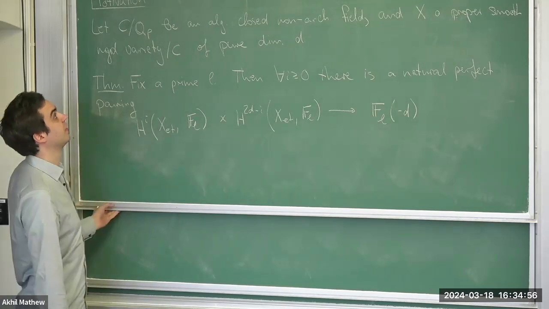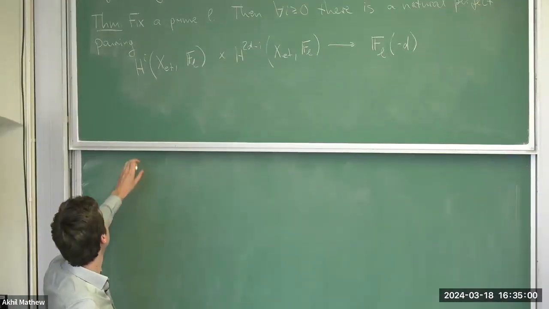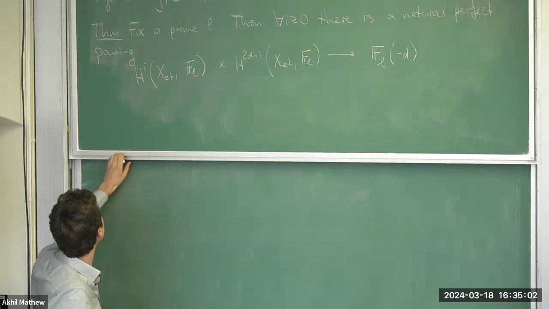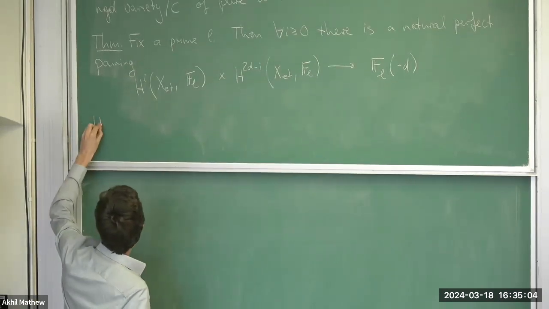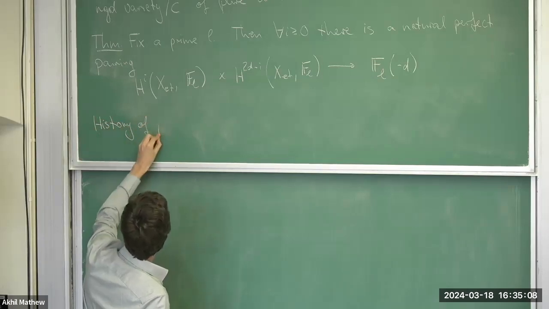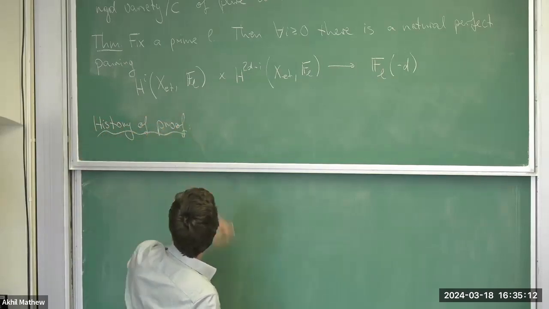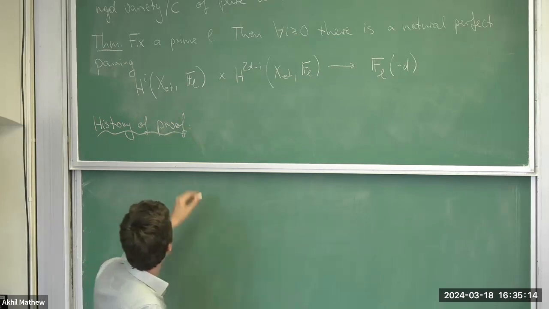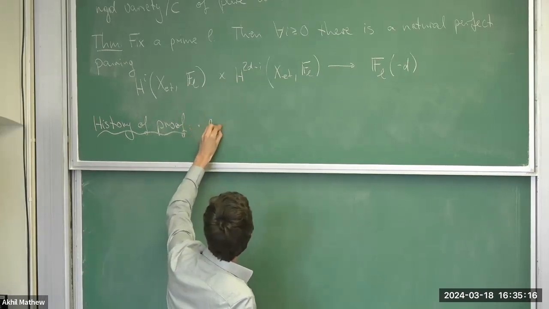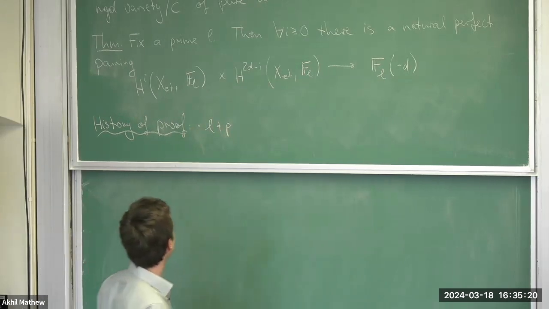Let me maybe say something about the history of the proof. There are two major cases. The first case, proved quite a while ago, was the case L not equal to p.